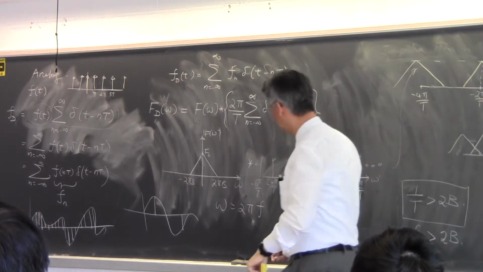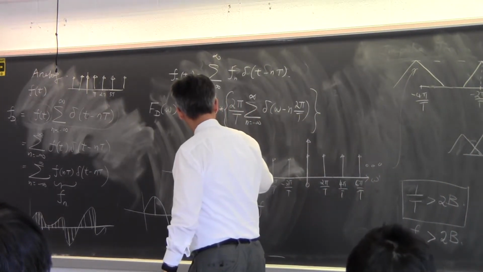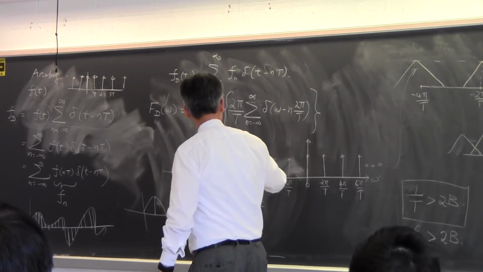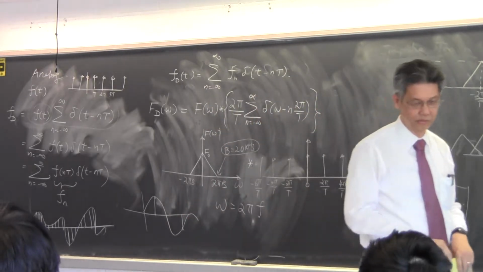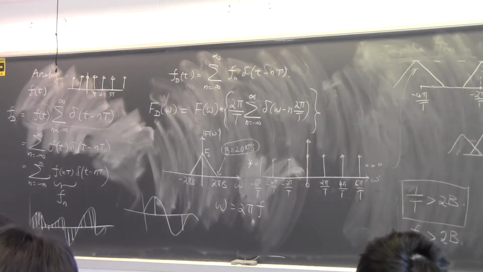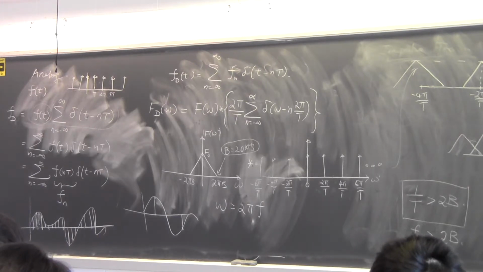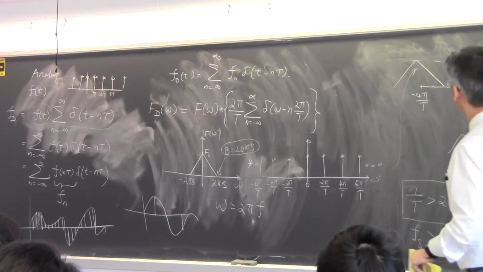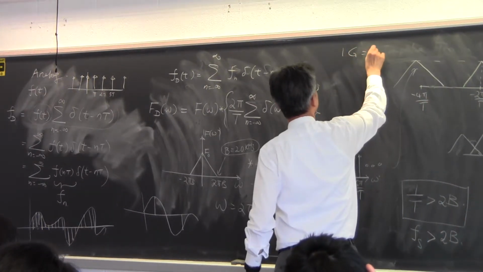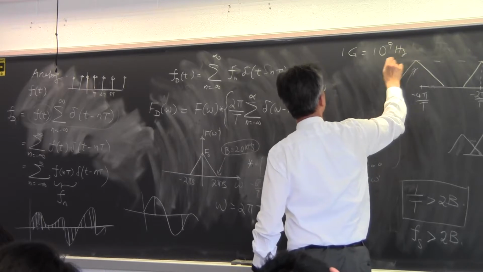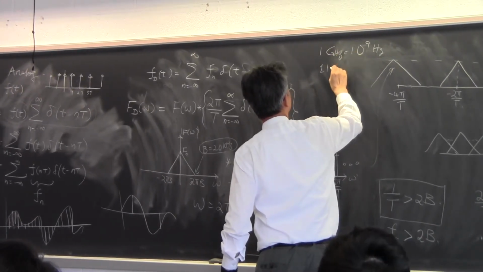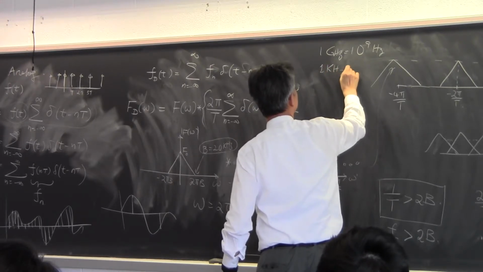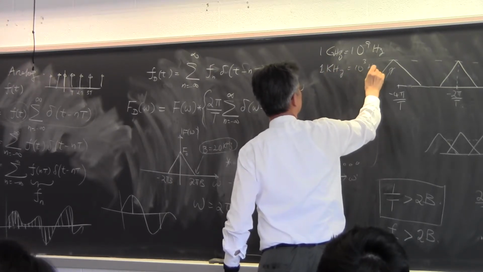Now for a voice signal, B is about 20 kilohertz. You don't get things above 20 kilohertz for a voice signal. And then you can have microwave systems that work at gigahertz. 1 gigahertz is 10 to the 9 hertz. 1 kilohertz is 10 to the 3 hertz.